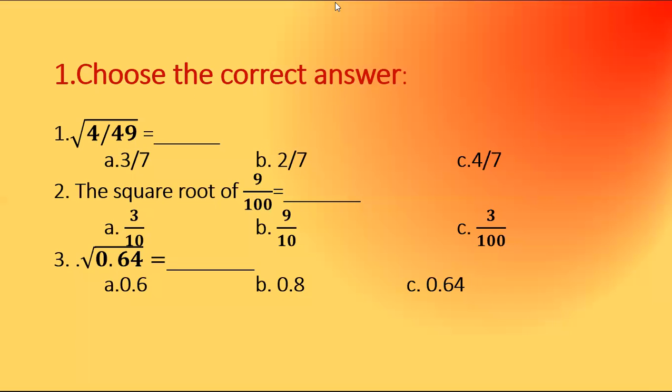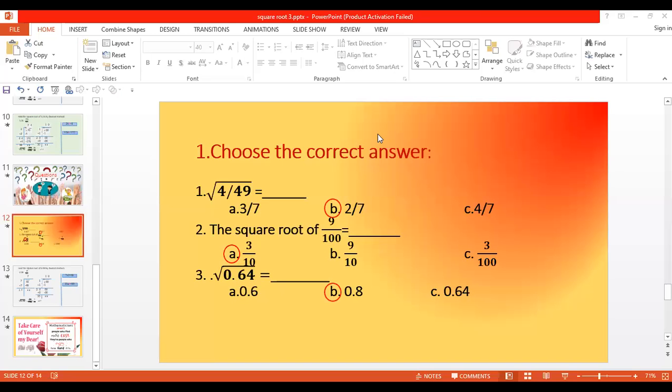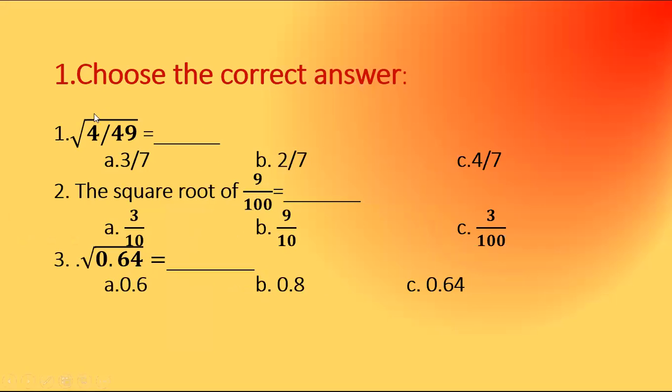So question number 1 is square root of 4 over 49. So here we get the answer by Shehroz. Thank you so much, Shehroz. So the square root of 4 over 49 is 2 over 7.